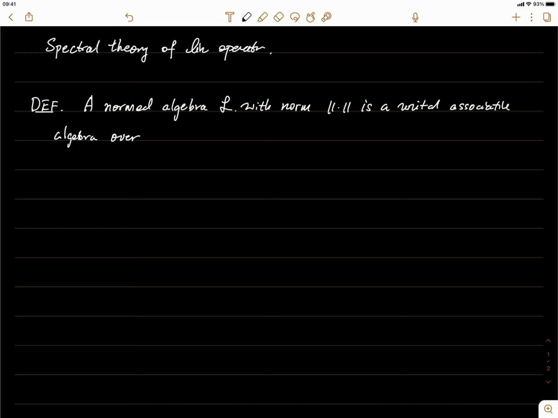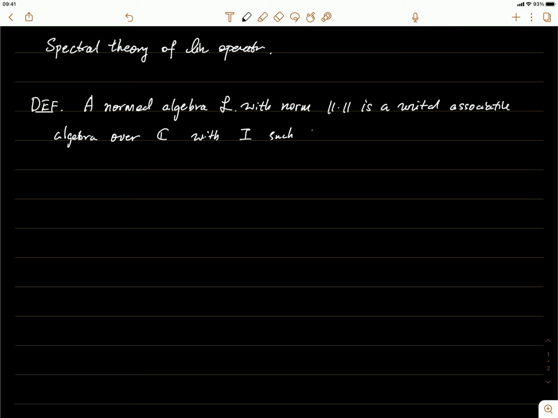So it's an algebra over, let's say, the slightly more general case, the complex values, with this multiplicative unit I. You multiply I to any element in L, you still get the same element.